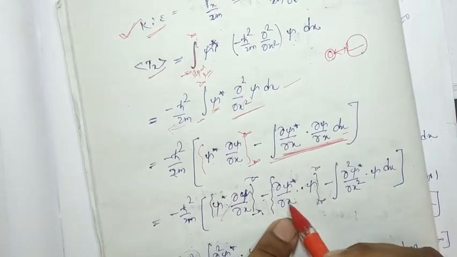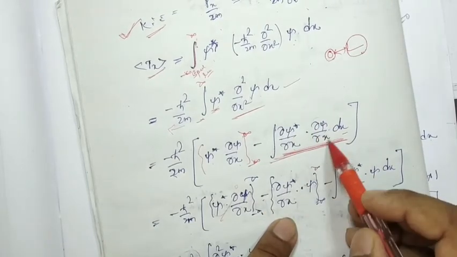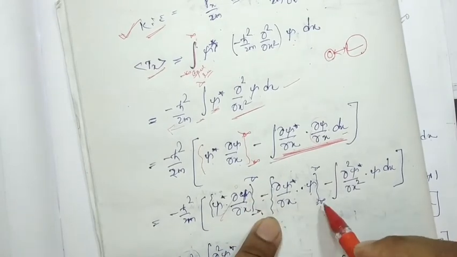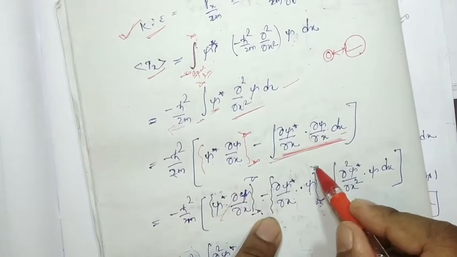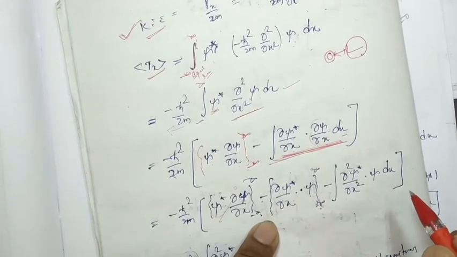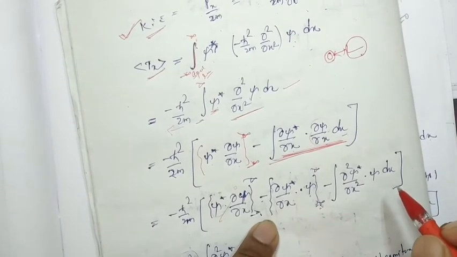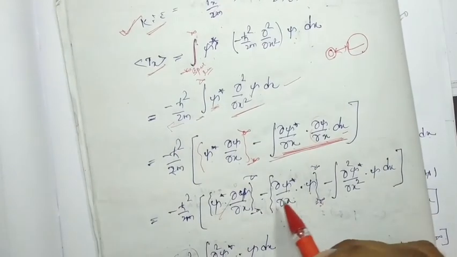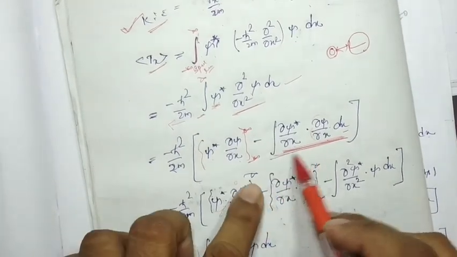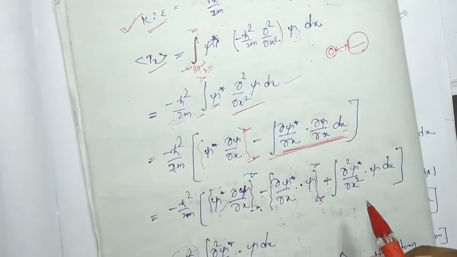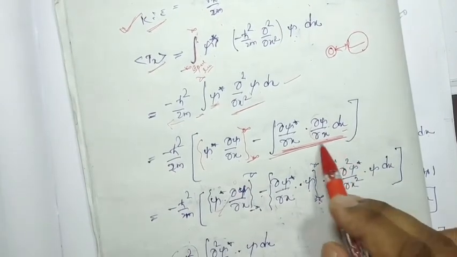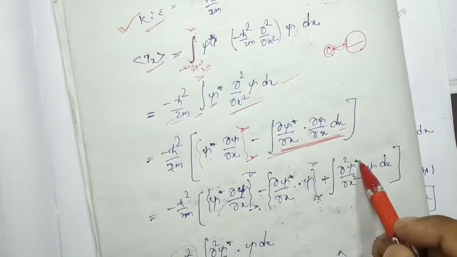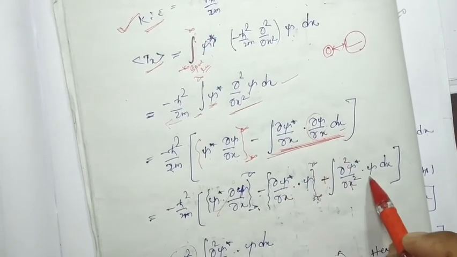The first term will be this one, and for the second integration, the integral of this one will be psi, and the limit you have to put is minus infinity to infinity. Again there is a minus here. With integration by parts again, this will be minus, this will be plus, and then the derivative of this one, once again del square psi star by del x square, and the integral of this one is psi.